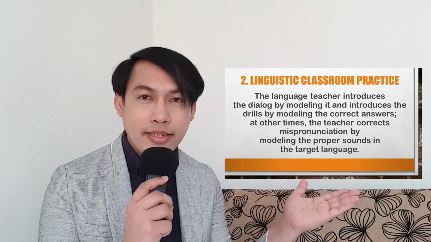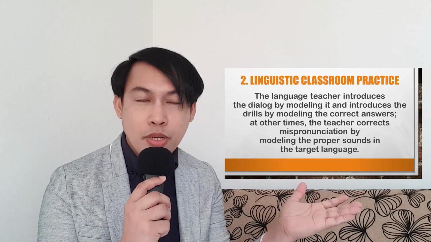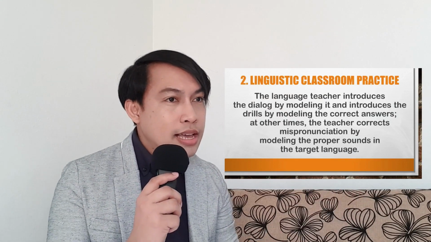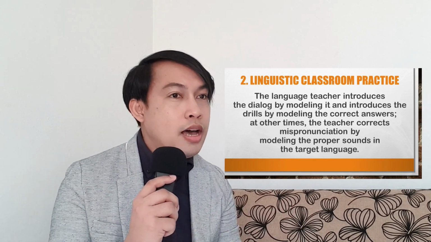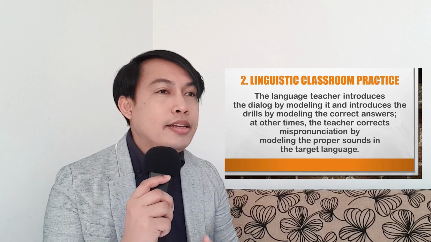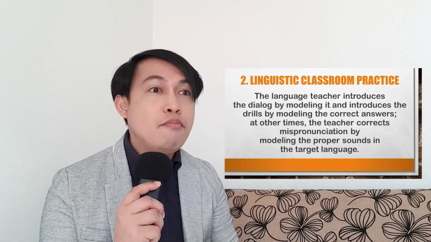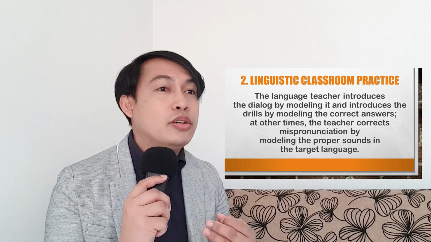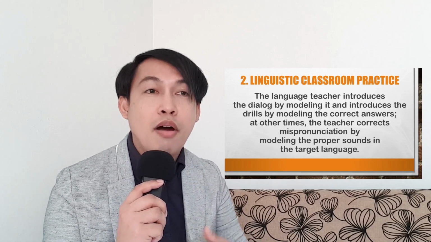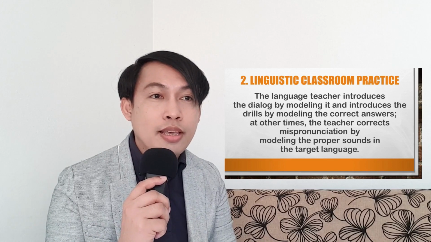How can we practice this kind of linguistic principles? Now, in the language classroom practice, the language teacher introduces the dialogue by modeling it and introduces the drills by modeling the correct answers.